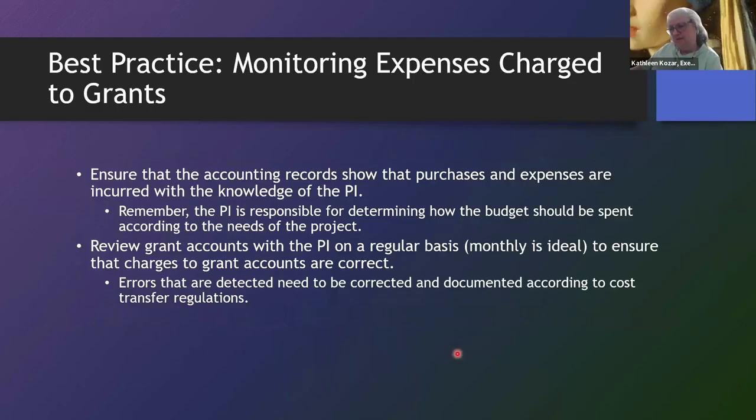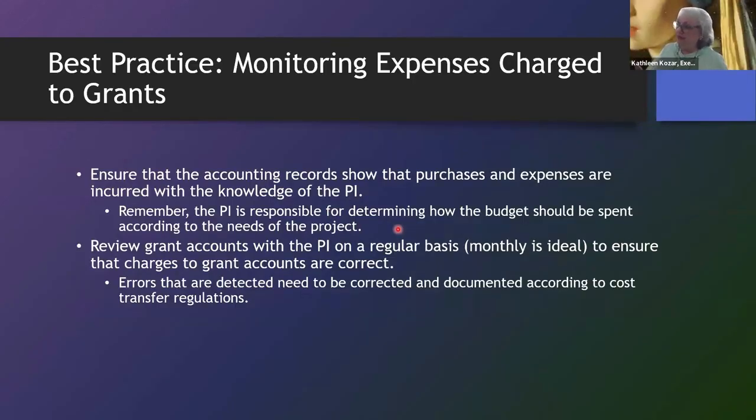So best practices for monitoring expenses: make sure that your accounting records show that the purchases are incurred with the knowledge of the principal investigator. Remember that the PI is responsible for determining how the budget should be spent according to the needs of the project.